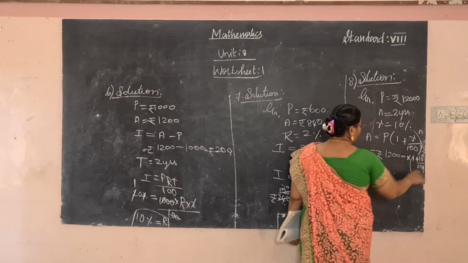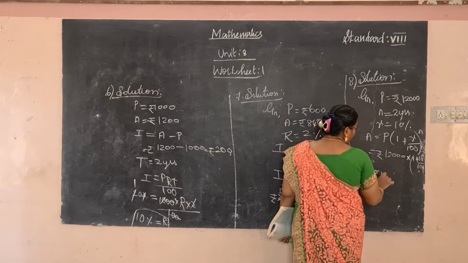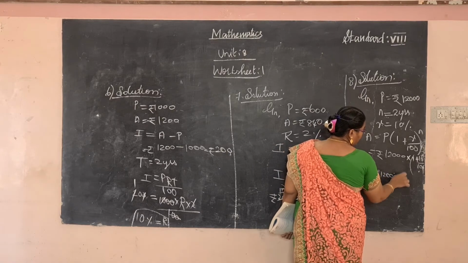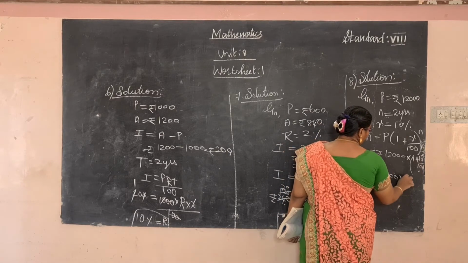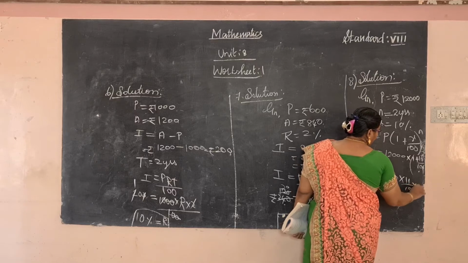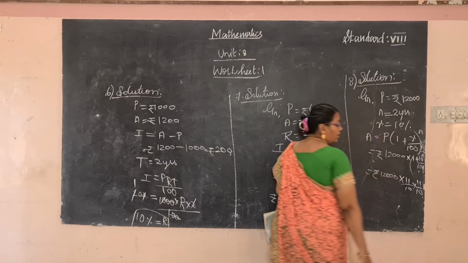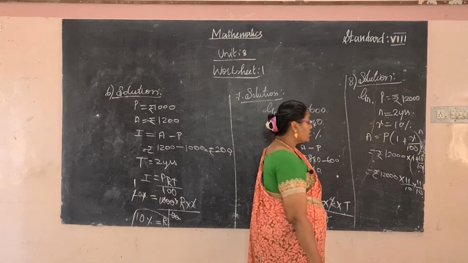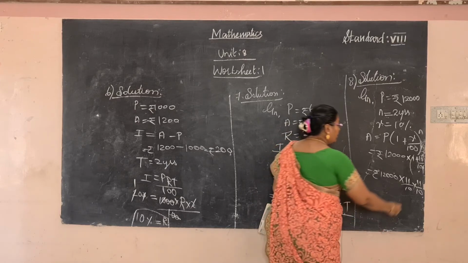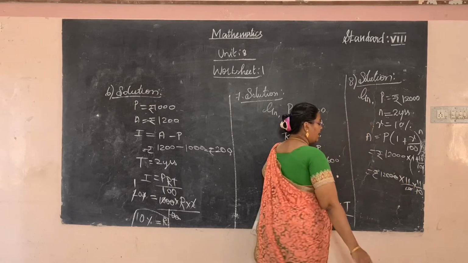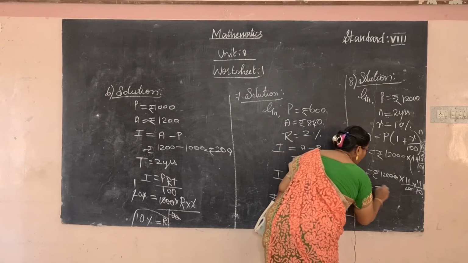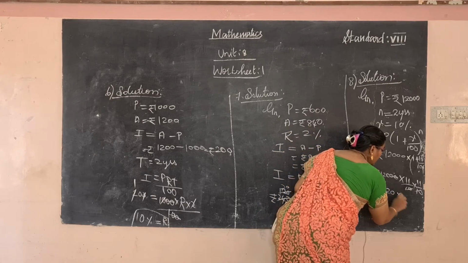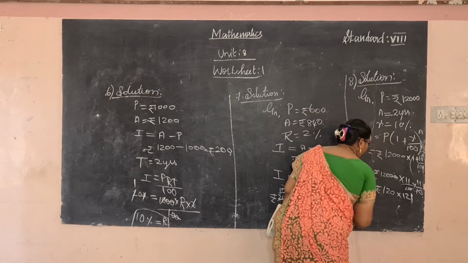So the zeros will be cancelled. 10 plus 1 is 11. So 11 by 10 the whole square, expressed as 11 by 10 into 11 by 10. The denominator 2 zeros will be cancelled. So now multiply rupees 120 into 121.